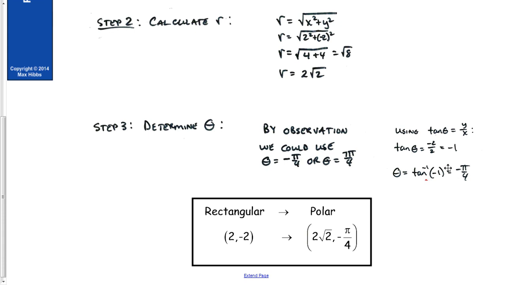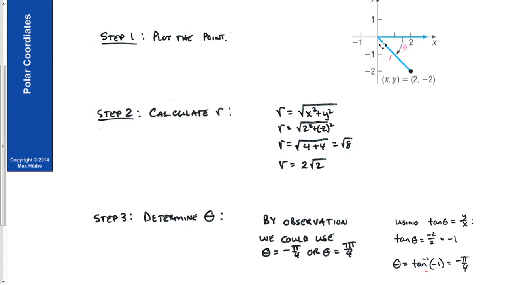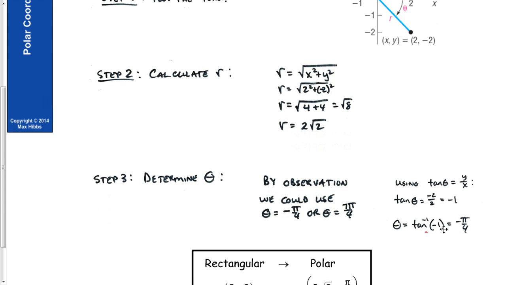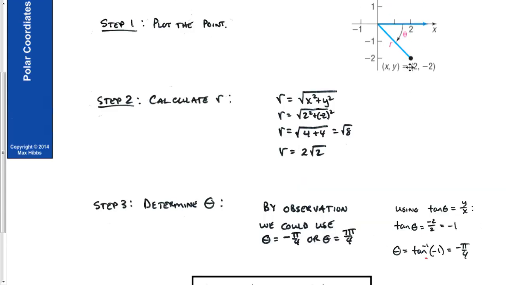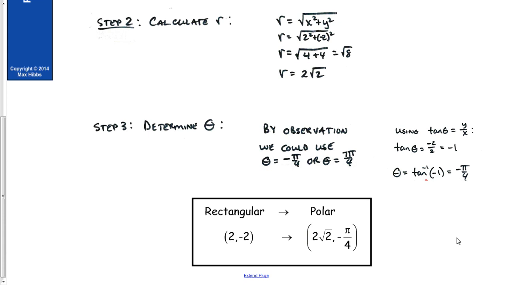So we were lucky in this case that our angle happened to be in the fourth quadrant, and actually a negative angle. That's why we were fortunate enough to use the inverse tangent function here. You may not know what I'm talking about, but the next problem will certainly illustrate it.